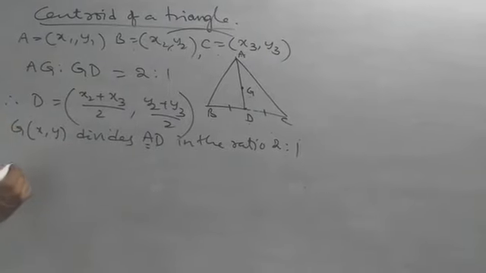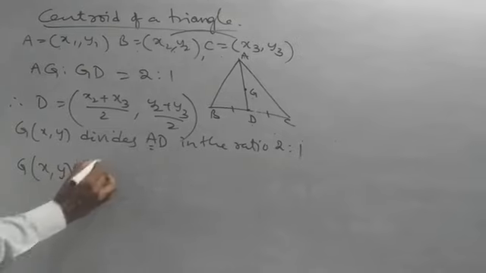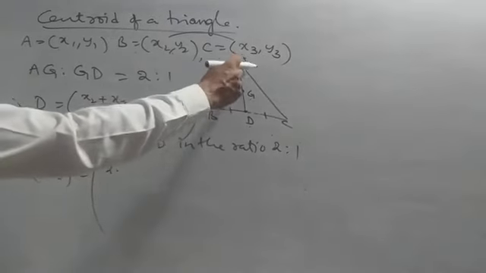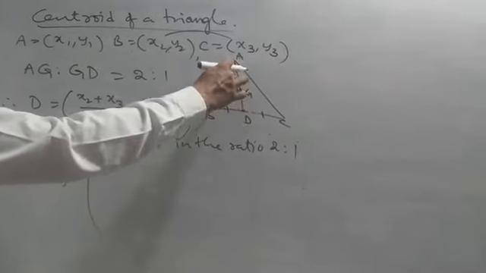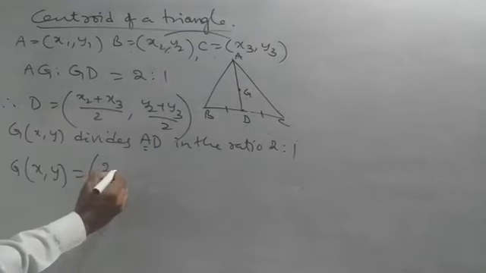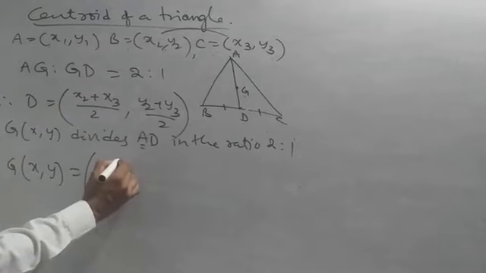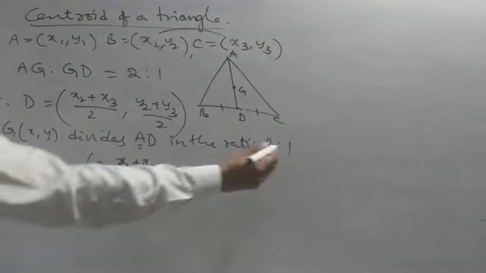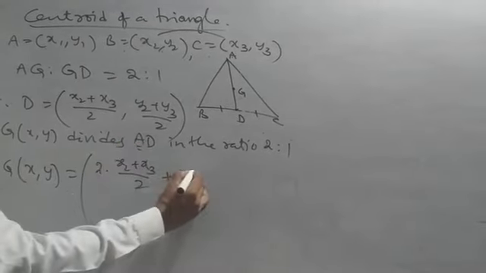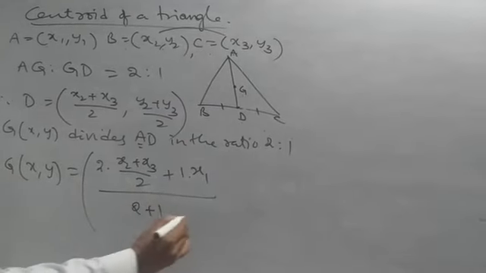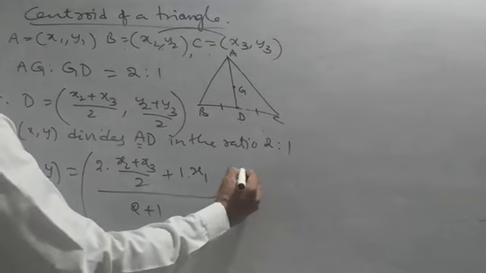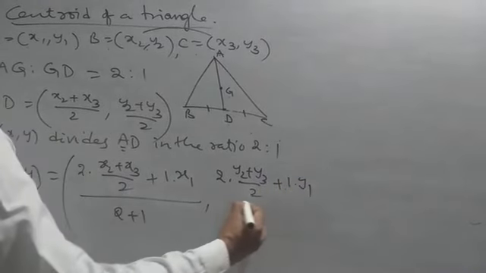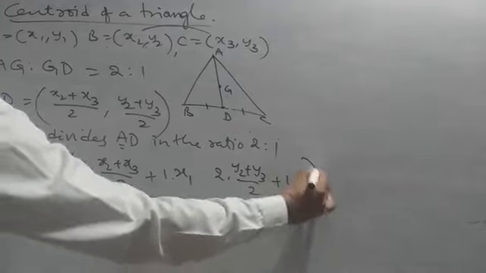So if you use the section formula, G of x comma y is nothing but, here it is 2:1, so with 2 we need to multiply the coordinates of D. So 2 into the x coordinate of D, (x2 plus x3) by 2, plus 1 into the coordinate of A, that is x1, whole by 2 plus 1, comma, in similar fashion 2 into (y2 plus y3) by 2 plus 1 into y1, whole by 2 plus 1.